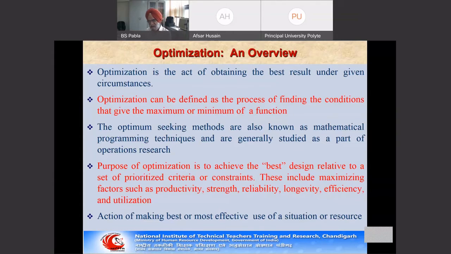When you have a constraint on resources, when you have resources which are costing you, which are adding to the cost of the component, we do talk about minimization of cost, maximization of productivity, improving of strength, reliability, efficiency, and utilization.